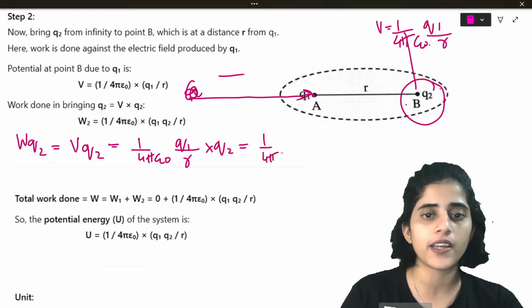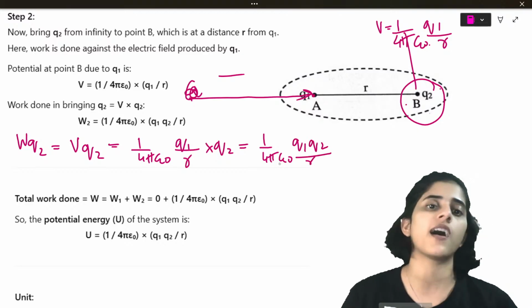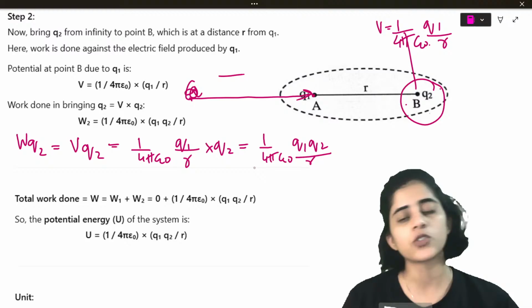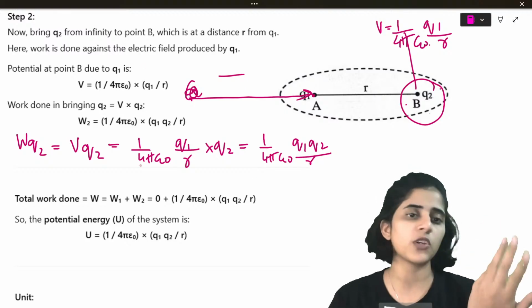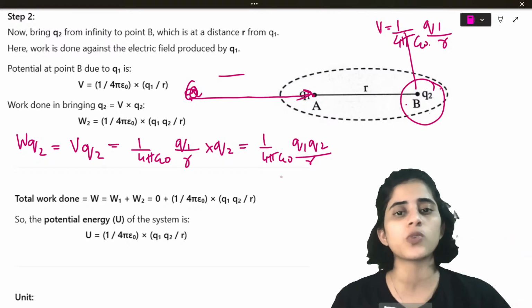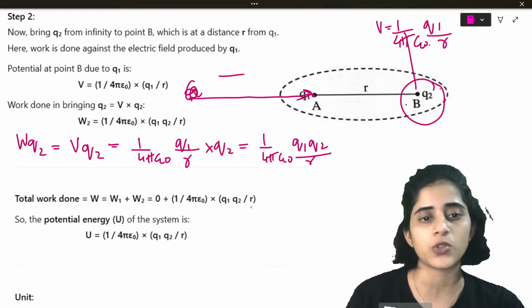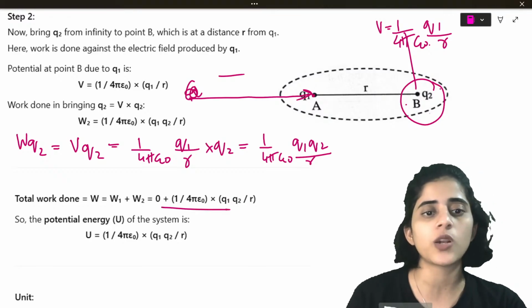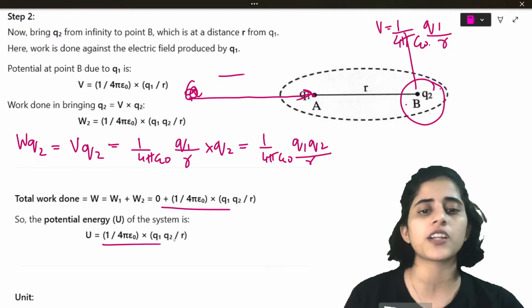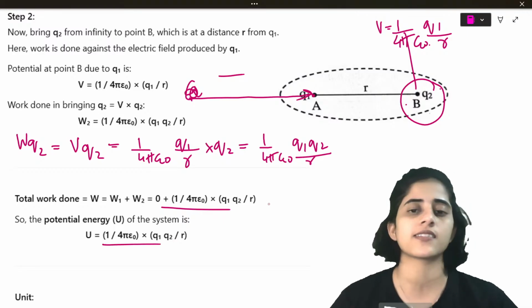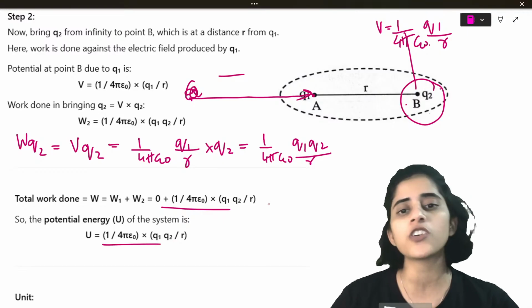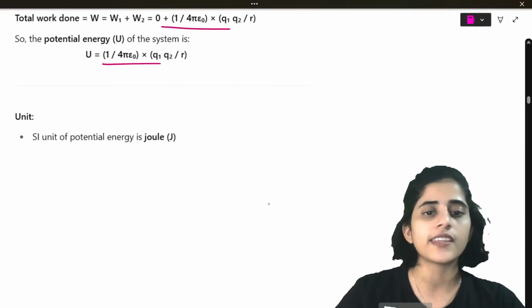That is 1 by 4 pi epsilon naught Q1 Q2 by R. Okay. So what is the total work done? W1 was 0. W2 is 1 by 4 pi epsilon naught Q1 Q2 by R. So this is the total work done, and total work done and potential energy are the same. So the answer is the same: 1 by 4 pi epsilon naught Q1 Q2 by R. And the SI unit is Joule.